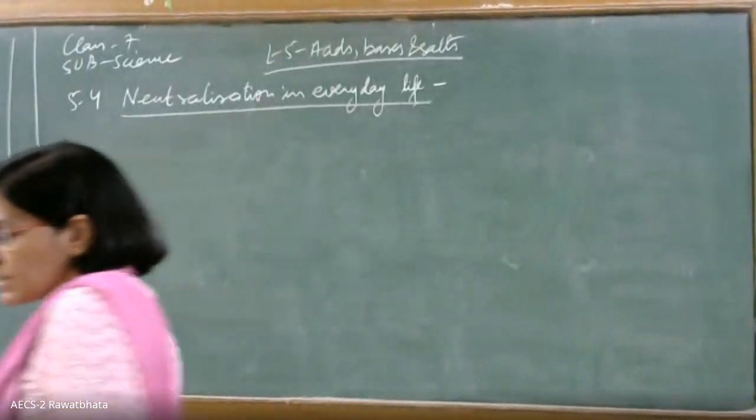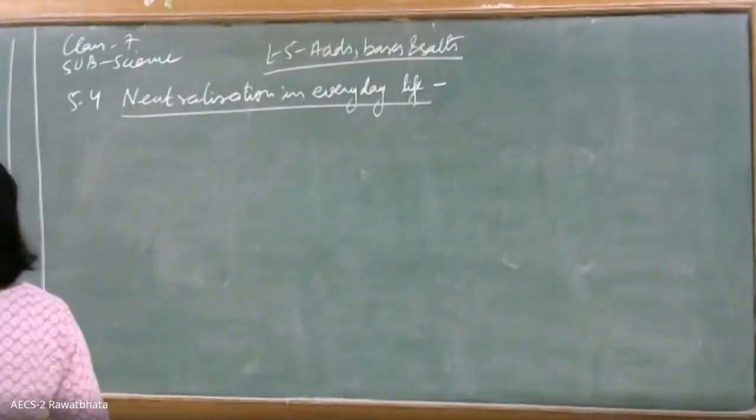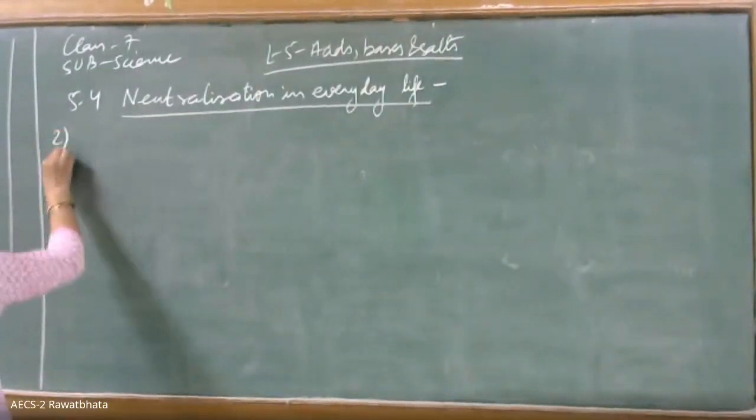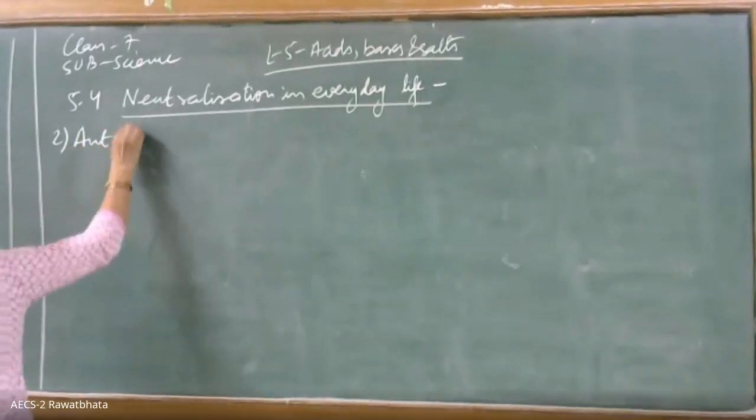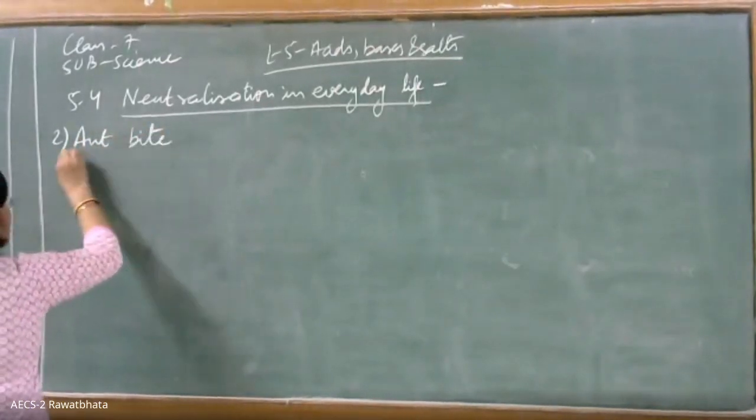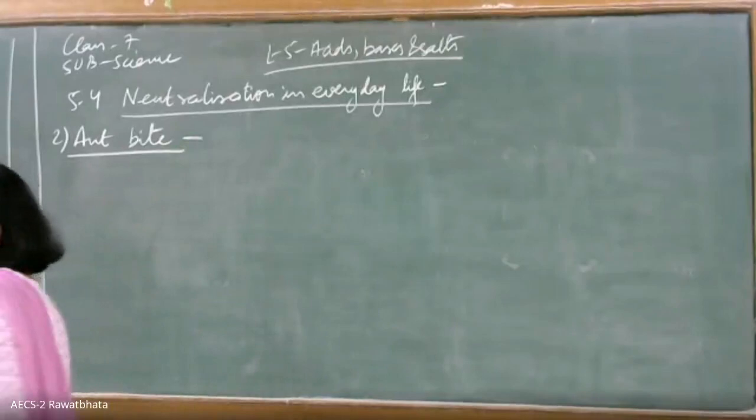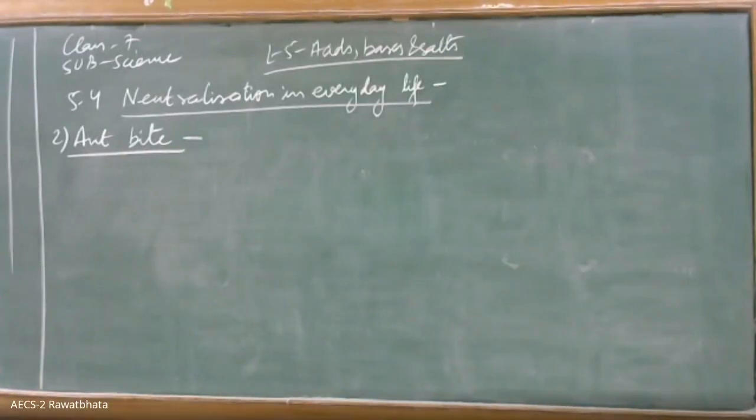So let's have it about the ant bite, the second one. First we have already covered. An ant bite injects formic acid.